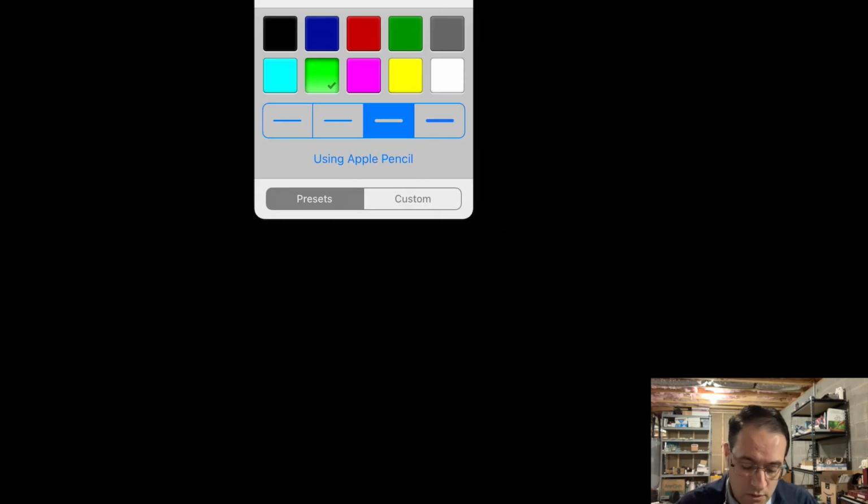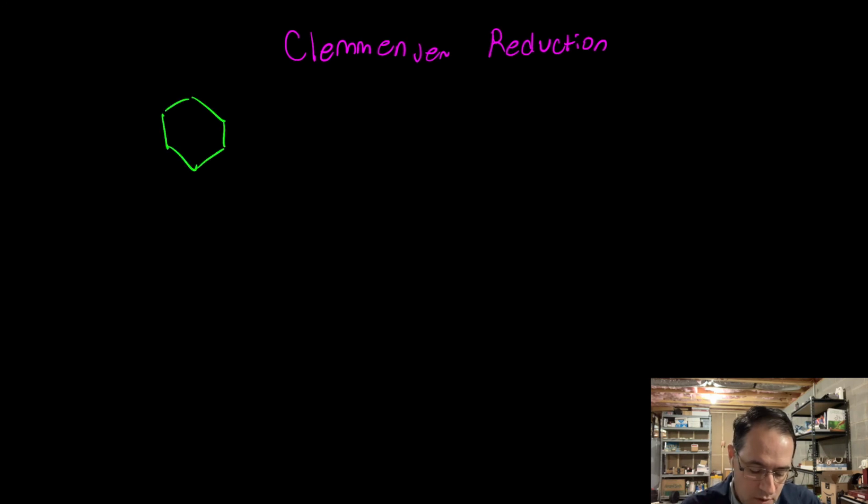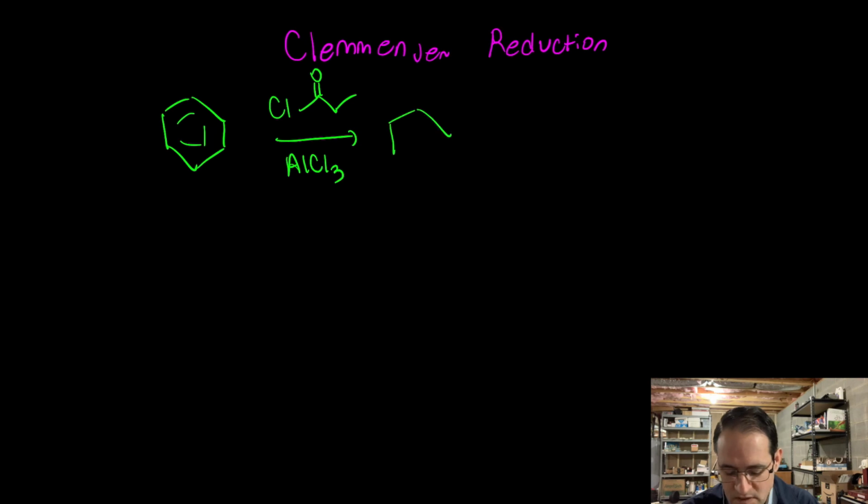Now, there's also a Clemmensen reduction that you can do. This is very important because, for example, if you take benzene and you treat it with propanoyl chloride, which is one of the examples I did before, this first step is called the Friedel-Crafts acylation, and you can stick on the propanoyl group there.